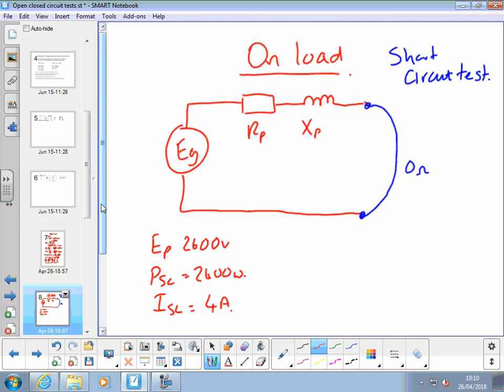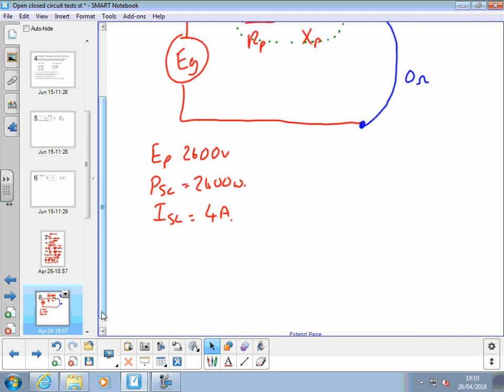Think about what we could say this is if we combined the value of both those two components. In that green box is ZP. What can we say that's equal to? How can we calculate that from the information already given?